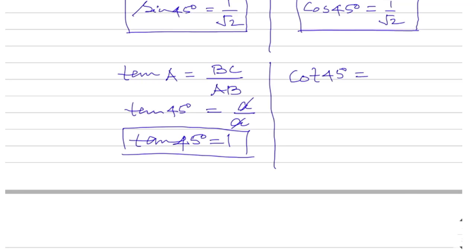Cot 45 degrees equal to 1 upon tan 45 degree. Therefore the cot 45 degrees equal to 1 upon 1. So cot 45 degrees equal to 1.